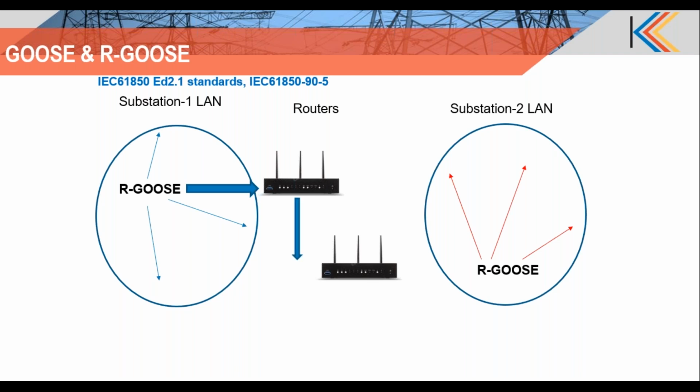So this UDP message can travel across the routers and reach the destination, and that can be used for some useful calculation in the destination, which can send back a response. In this way, we can have synchronized algorithms between substations via R-GOOSE.